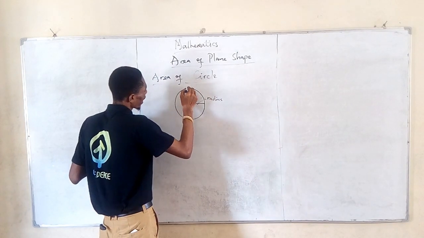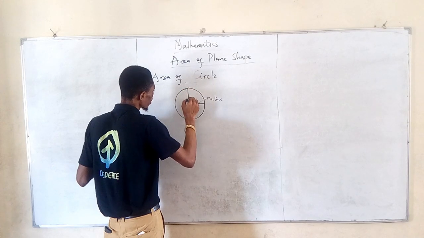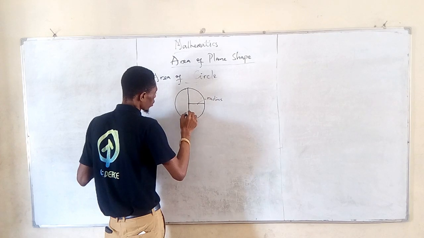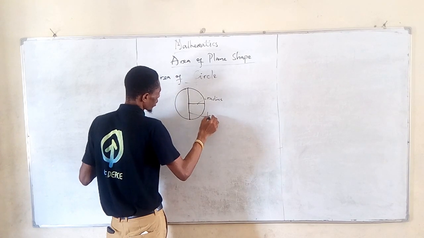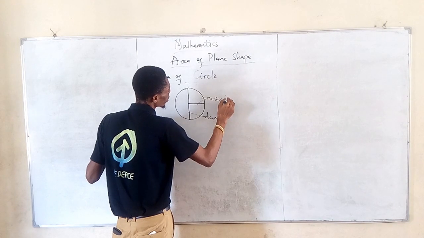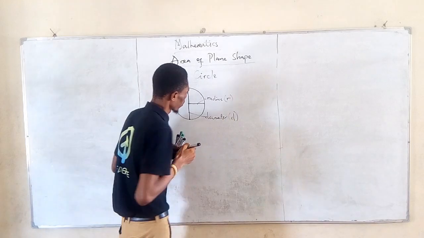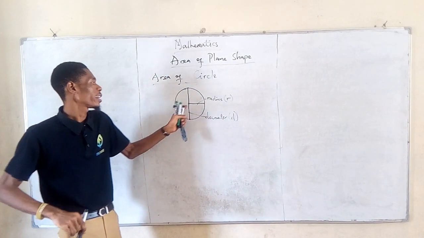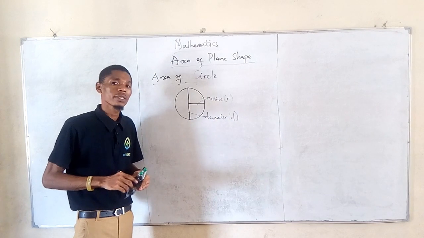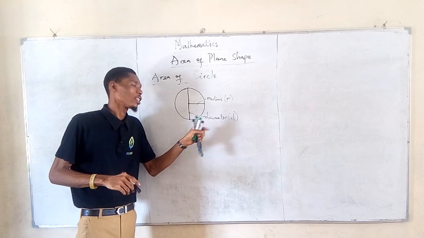From the center to any part of the circle is known as what? The radius. And from one end, cutting through the center to another end, is known as what? The diameter. So the radius is denoted as R, the diameter is denoted as D. From the center to any part of the circle is the radius, and from one end cutting through the center to another end is the diameter.